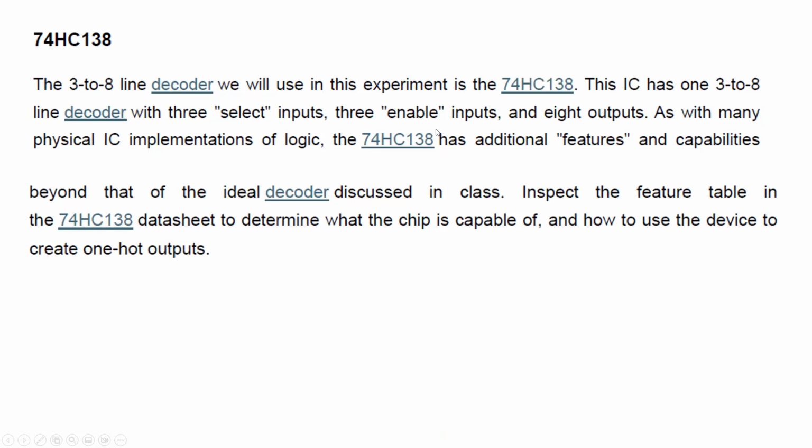As I told you in previous labs, you need to click on the link here, and once you do that, you will find the data sheet for this chip. For sure you need to read this data sheet.